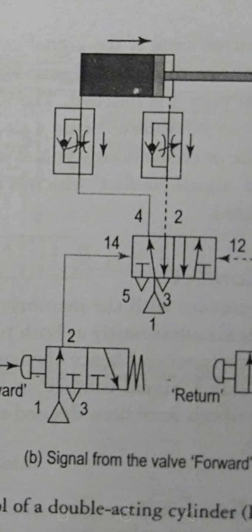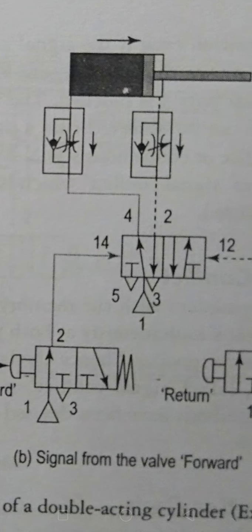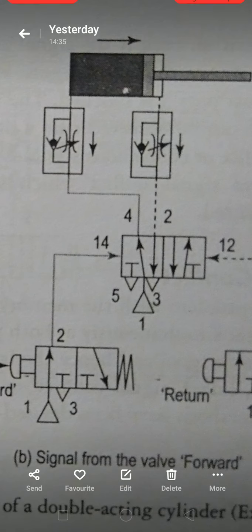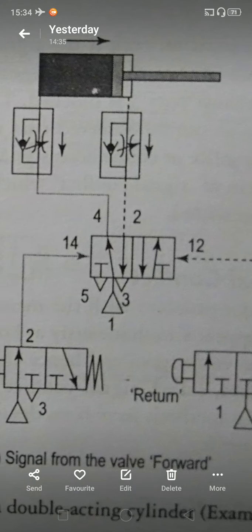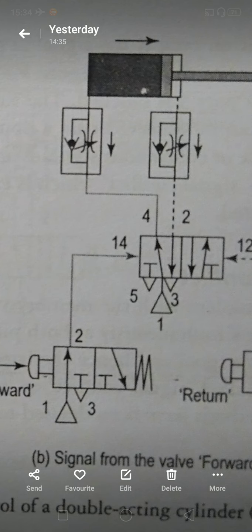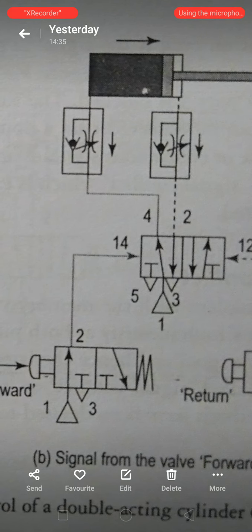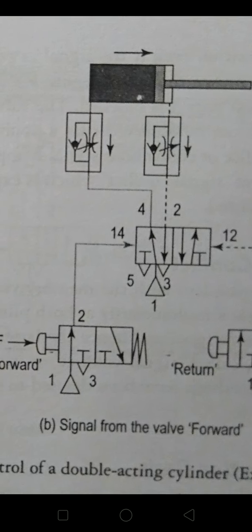So the piston will be at the outermost or rightmost position. And the air which is at the right side port passes through this throttle valve, then 2 to 3, and it gets exhausted. So it will remain here for the time which you have applied.